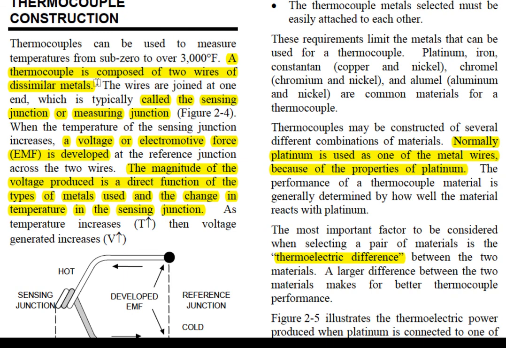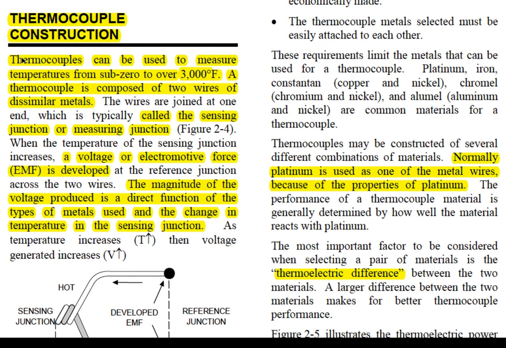I want you to notice first, thermocouples can be used to measure temperatures from sub-zero to over 3,000 degrees Fahrenheit. Now that's pretty good. In a nuclear plant, our temperatures range from ambient, usually around 70 degrees Fahrenheit, all the way up to approximately 575 or 582, which is tech spec on the pressurizer. So 3,000 degrees Fahrenheit is not something we would be measuring in our water or piping.